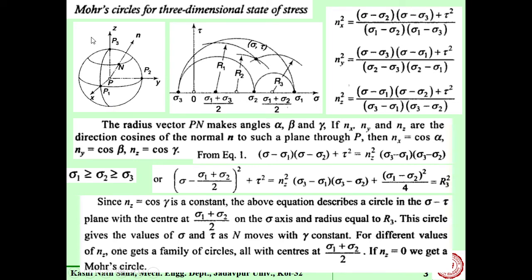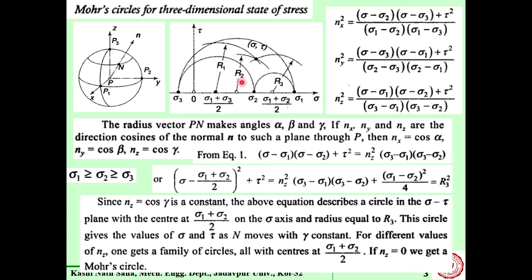When we started our analysis, we were with the x, y and z coordinate system. Now we are in the 1, 2 and 3 direction cosines coordinate system, and this is our Mohr circle.